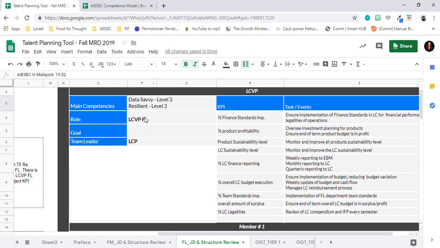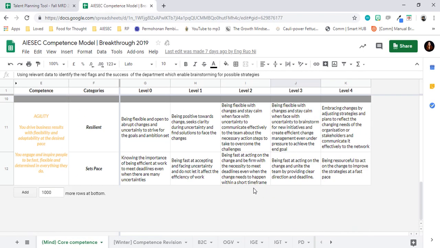The second thing would be resilient. Resilient level 3 is defined as being flexible with the changes and staying calm when you face uncertainties, and you can still create efficient change management under a lot of pressure.